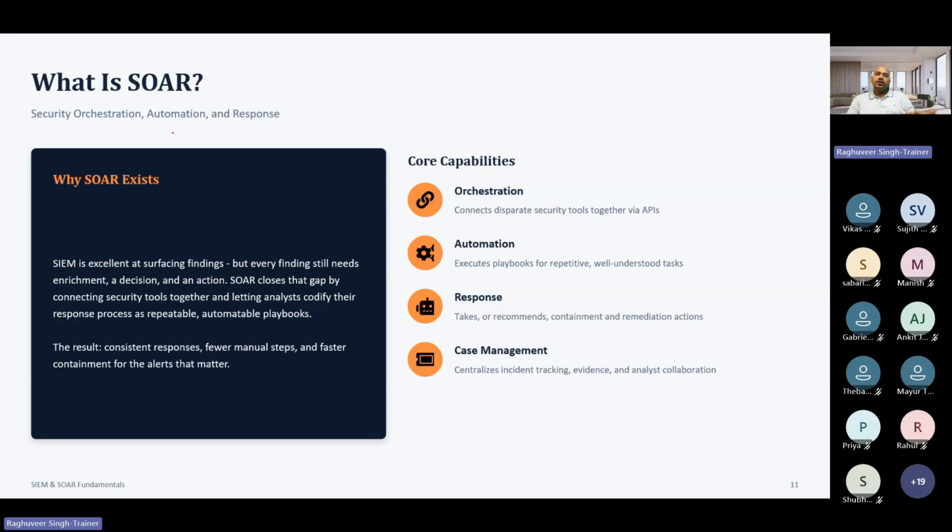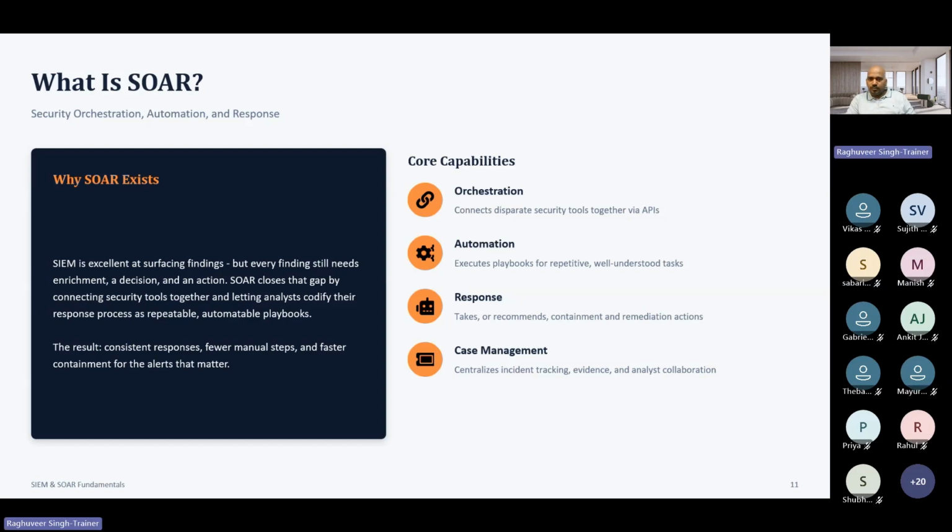For some devices, pull configuration is available; for some devices, push configuration is available. Pull basically means you are configuring the solution to pull the logs from that data source. Push means the solution is pushing logs to CrowdStrike. We'll look into that in detail when we get into the CrowdStrike Next-Gen SIEM. Okay, fine.